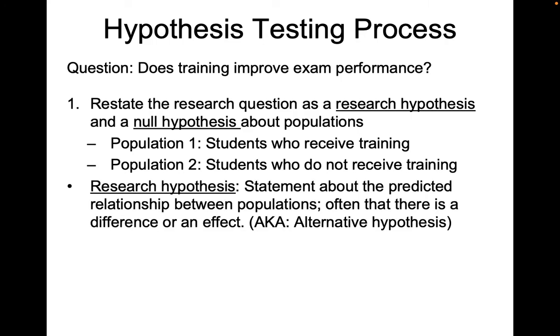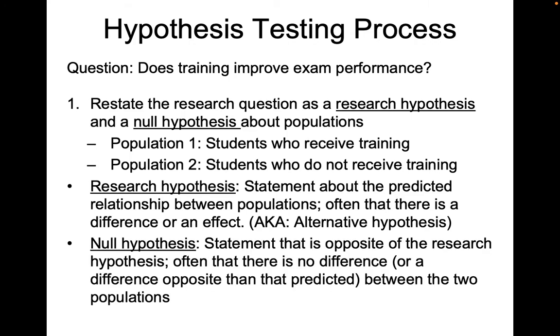So the research hypothesis is a statement about the predicted relationship between these two populations. Often that there's some difference between the populations or there's some effect of our treatment. This is otherwise known as the alternative hypothesis. It's the alternative hypothesis to the null.